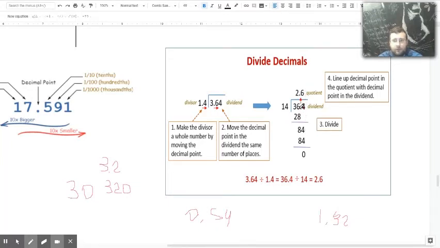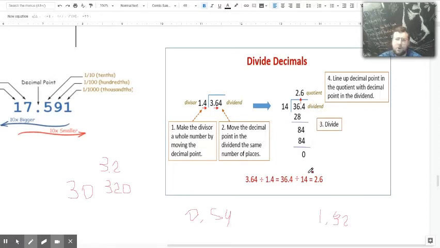Now, notice that you're not really doing 364 divided by 14. You're doing 36.4. And so you correct for that by lining up your numbers and making sure that the decimals of your quotient, which remember is your answer when you actually do the division, line up with that of the dividend. And you have your final answer.